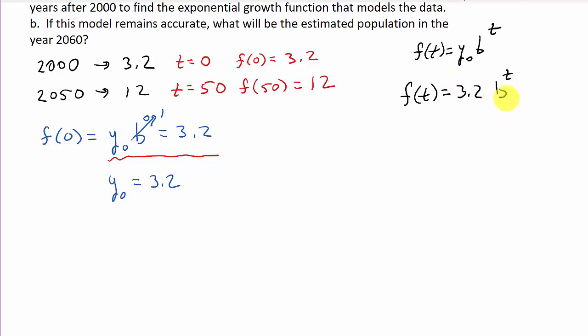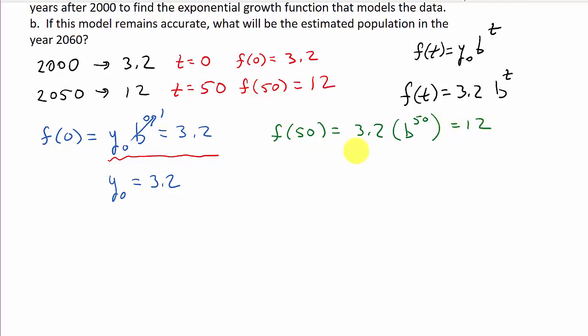Well, now we have to figure out what b is. We can use the fact that f of 50 is equal to 12. If I plug 50 in for t, f of 50 is equal to 3.2 times b to the 50. And f of 50 is equal to 12.